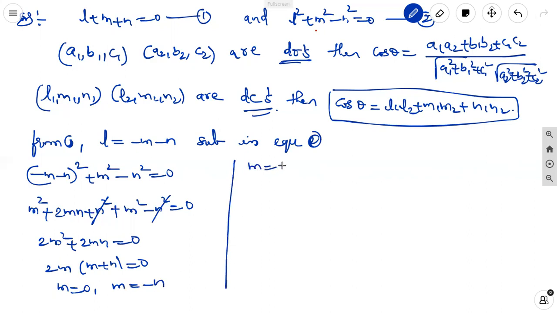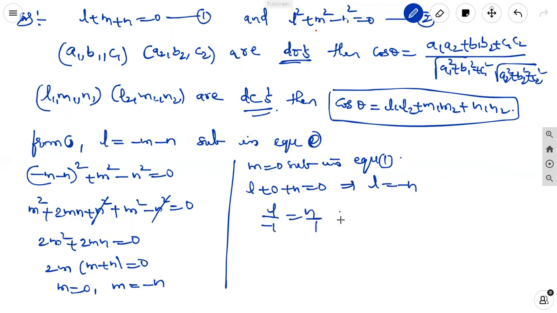Here m equal to 0, substitute in equation 1. So that is l plus 0 plus n equal to 0. From this l equal to minus n. So l by minus 1 equal to n by 1 and m equal to 0. We are getting l, m, n equal to minus 1, 0, 1.